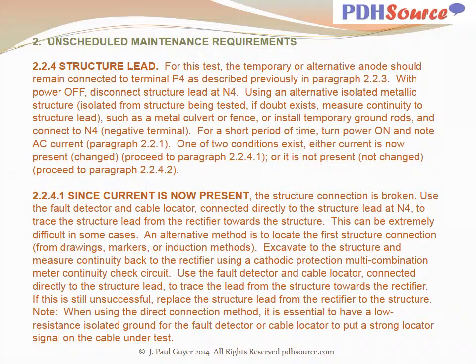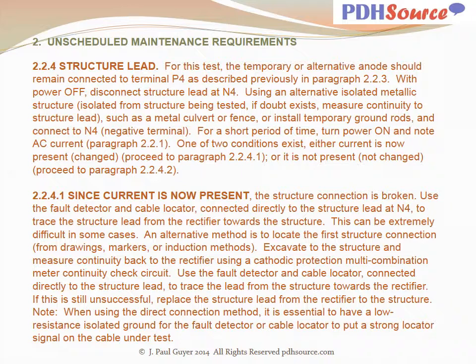For a short period of time, turn the power on and note the AC current, paragraph 221. One of two conditions exists: either current is now present, changed, in which case proceed to paragraph 2241, or it is not present, not changed, in which case proceed to paragraph 2242.